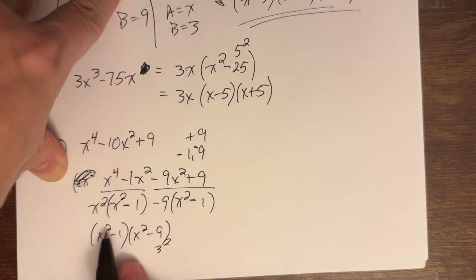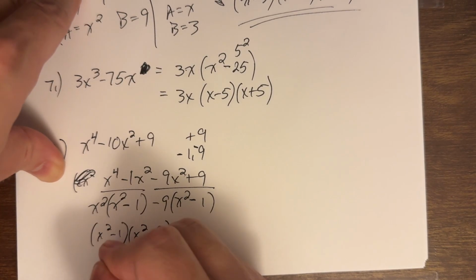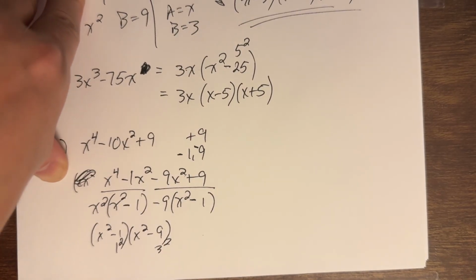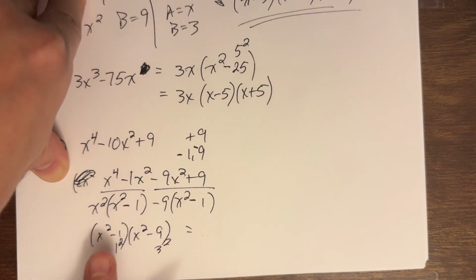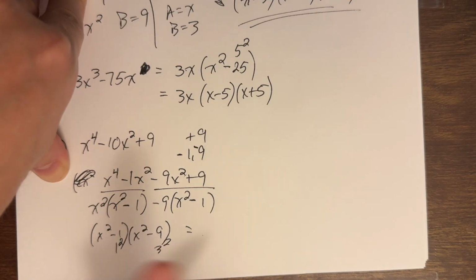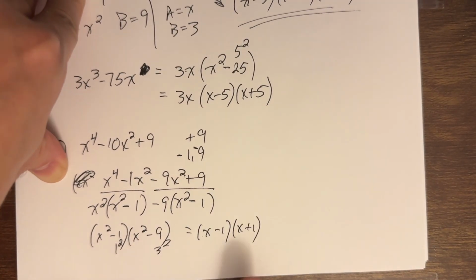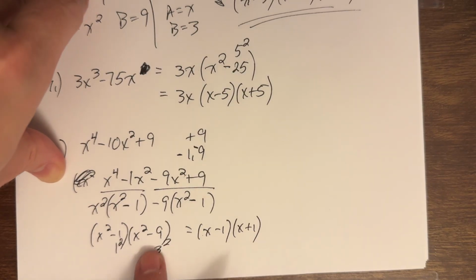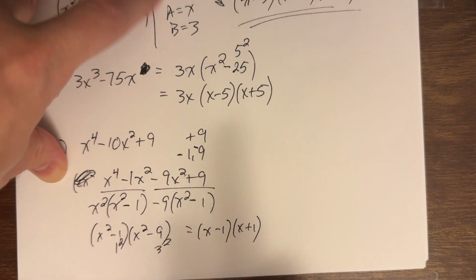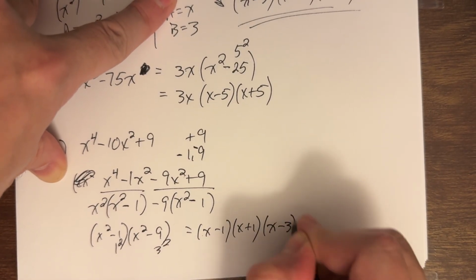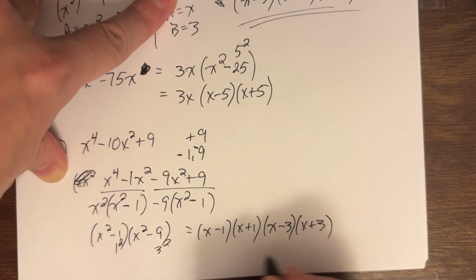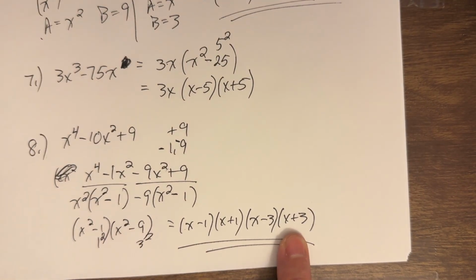You see the perfect square, but it's easy to miss 1 and forget that no, 1 is really 1 squared. So the first one, a is x, b is 1, x minus 1 times x plus 1. The second one, a is x, b is 3, so I'm getting x minus 3 times x plus 3.